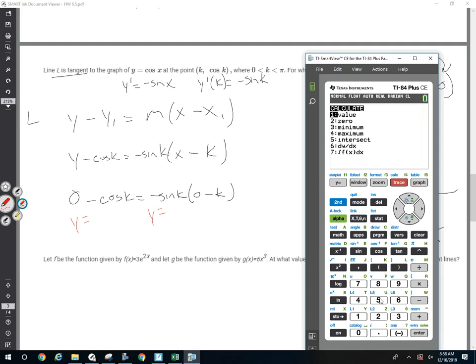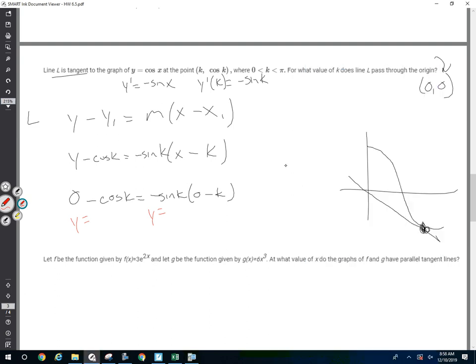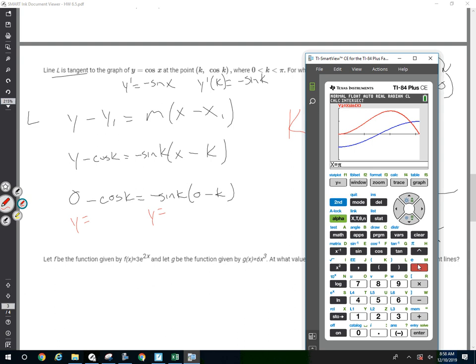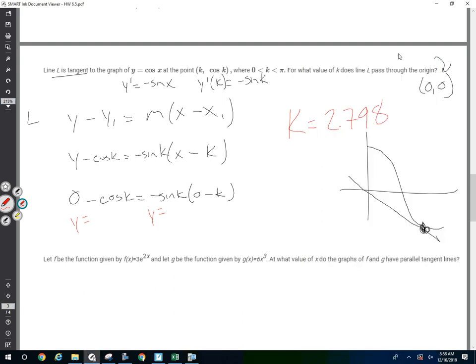That's going to be between pi over 2 and pi. 2.798. 2.798 is between pi over 2 and pi.